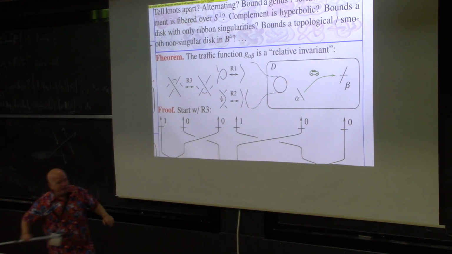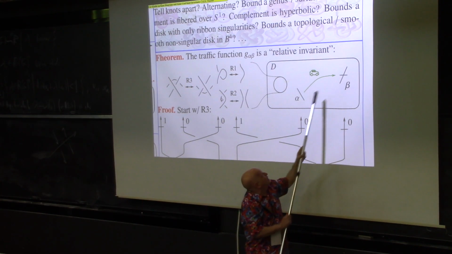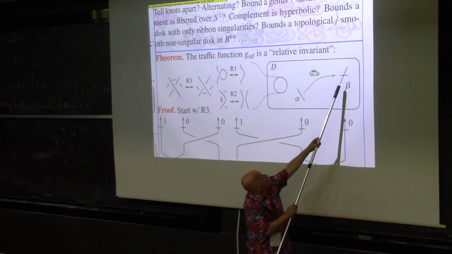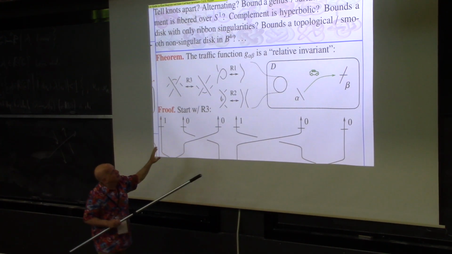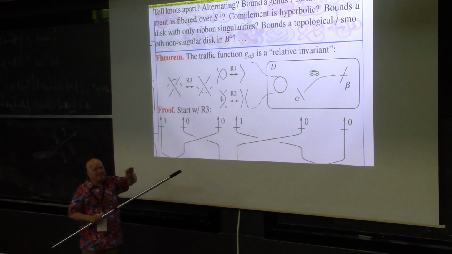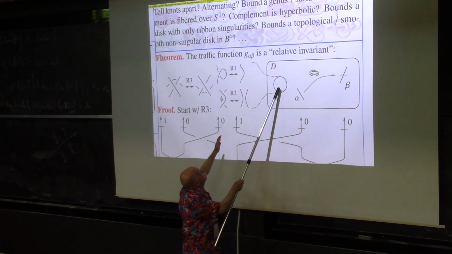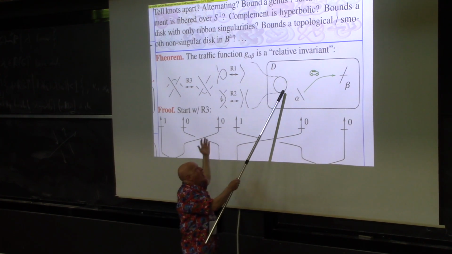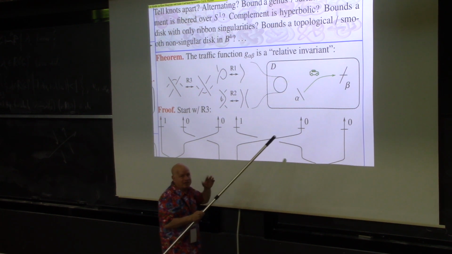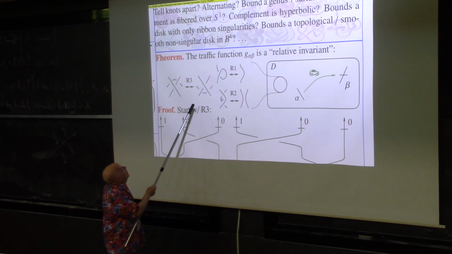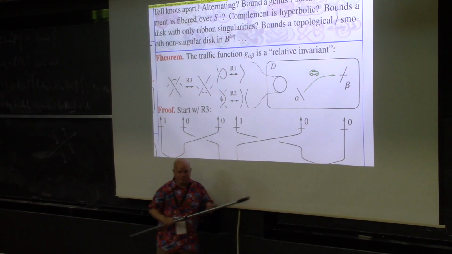If you fix the edge alpha, and you fix the edge beta, where alpha is where you put traffic in and beta is where you measure it, then the traffic function is invariant under Reidemeister moves done away from alpha and beta, and also away from the cut point.